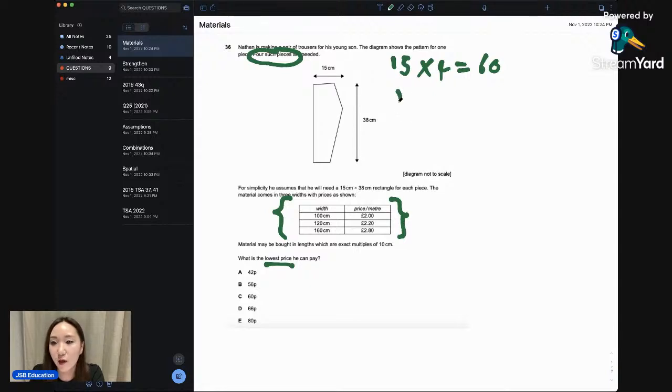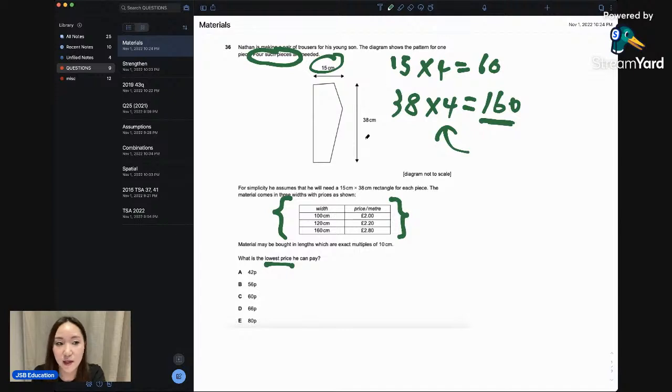Or you could have the 38 be the longer length multiplied by 4, which gives roughly 160-ish as the longer length and 15 as the shorter length. Given that the widths come in 100, 120, 160, it's more sensible to use 160 as the longer length. So that's the first thing: establish which one you want for the elimination, and then work out the rest.